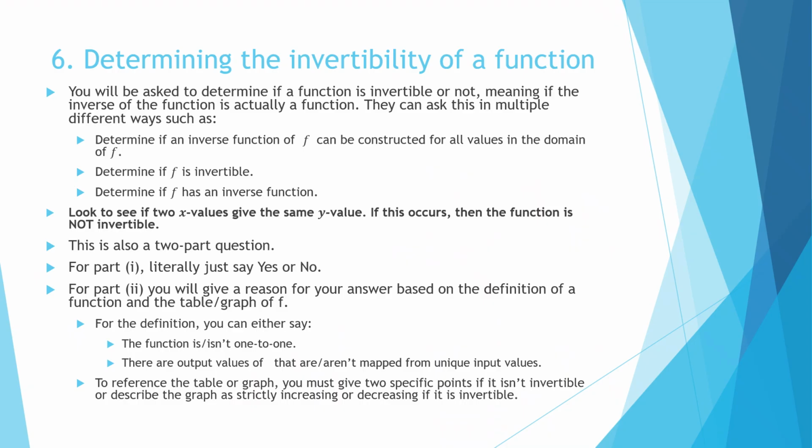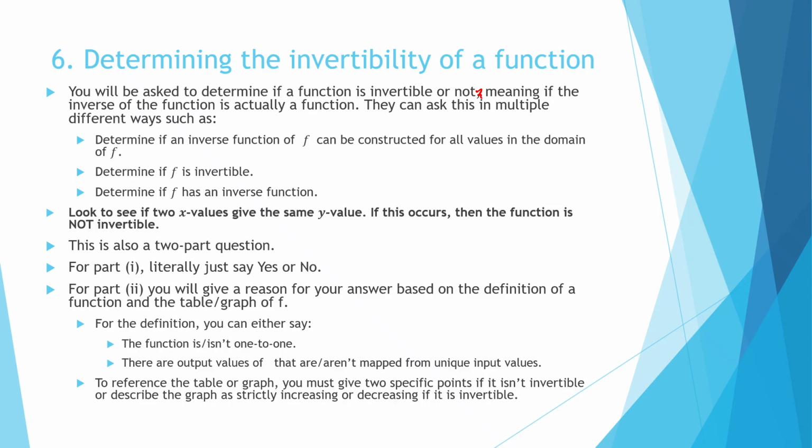All right, and then the 6th type of question that you could see, so you'll either have a what type of function is this, or is this function invertible type question that will be worth 2 points. So this is also a 2-point question. Here, you're basically going to be asked to determine if a function is invertible or not, meaning if the inverse of a function is actually a function.